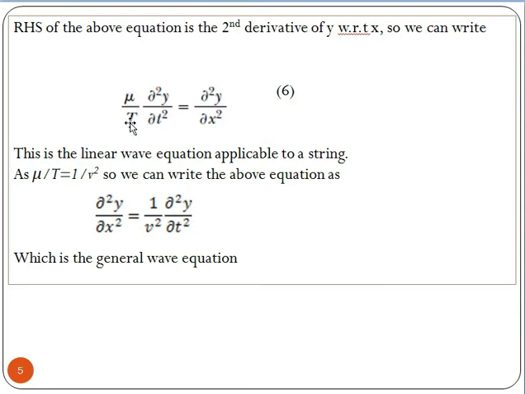So this is actually the reciprocal of v². So we can replace μ/T by 1/v², and (1/v²) ∂²y/∂t² equals ∂²y/∂x². This is the general wave equation that we have derived for the case of the stretched string.